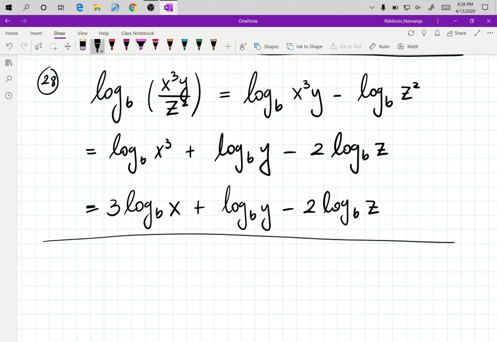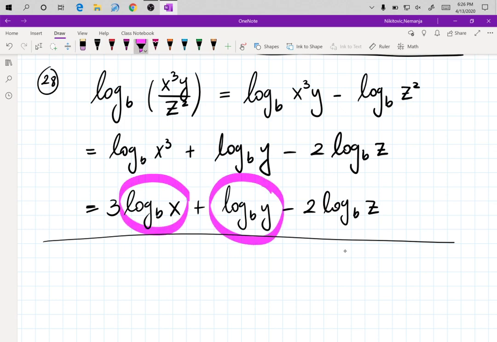So you might ask me, well, how do we know we're done? Well, if you take a look at this log, there's nothing else you can do. It's in a basic form. Remember how we defined log a of b. So there is nothing else to do. You just have a log with a base and the value, and each one of them is the same.